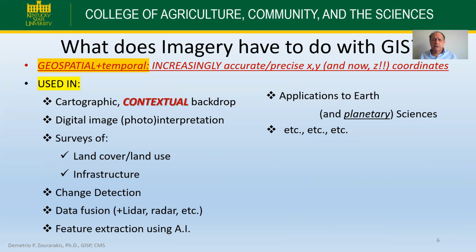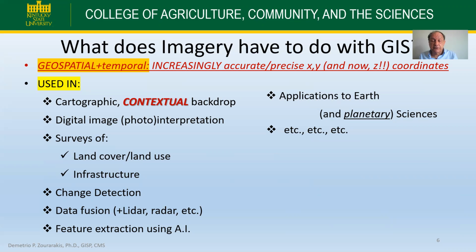So now, how do we use imagery? Well, we have the cartographic backdrop, and that gives us context. You see less and less of a map that has only vector data without any images. That's an abstraction from reality, and it's more real if you have a backdrop with imagery.